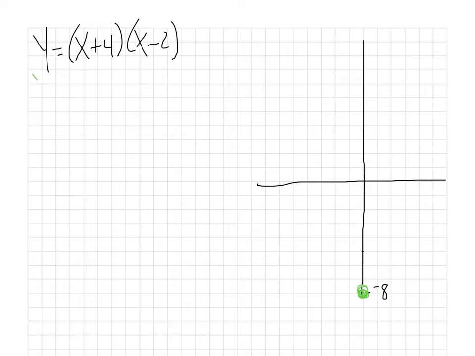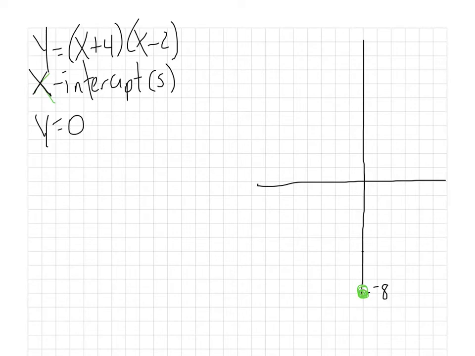Now let's find the x-intercepts. Those are where y equals 0. So I'm going to say x plus 4 times x minus 2 equals 0.